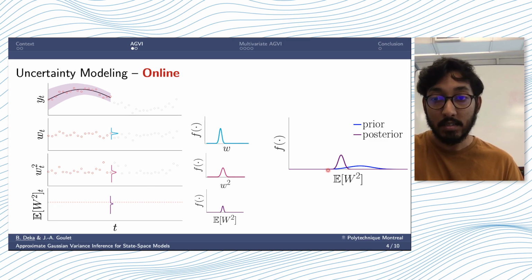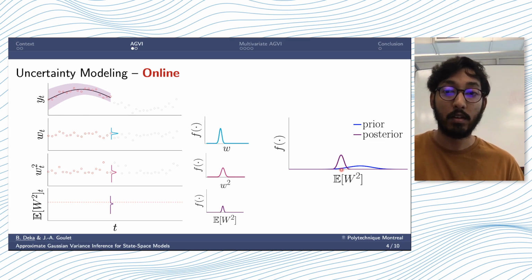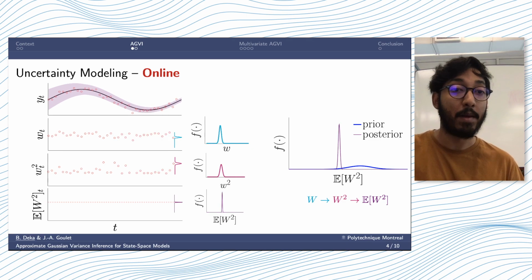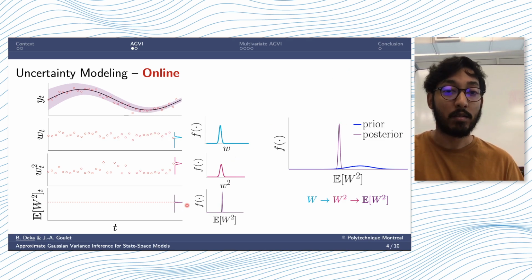And also the uncertainty is shrinking, showing that it is becoming more confident towards the correct value. And by the end of the time series, it totally identifies the correct value for the expected value of W squared that is present in the data.